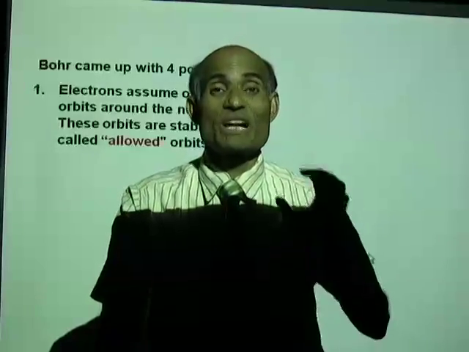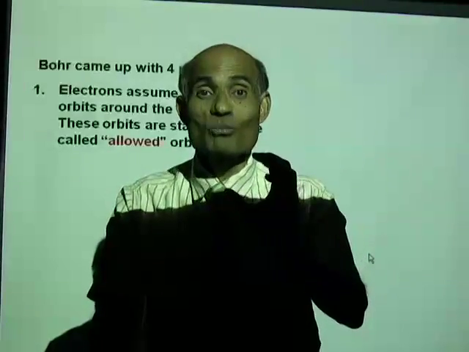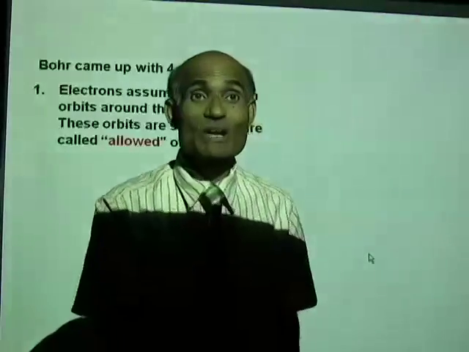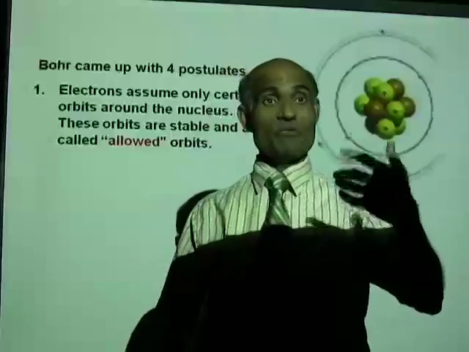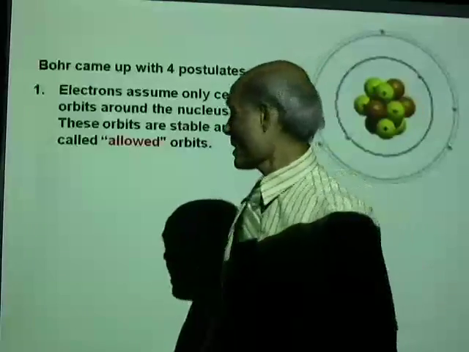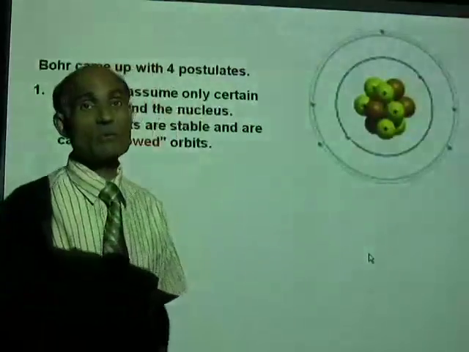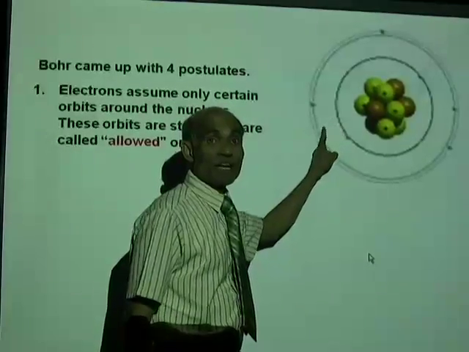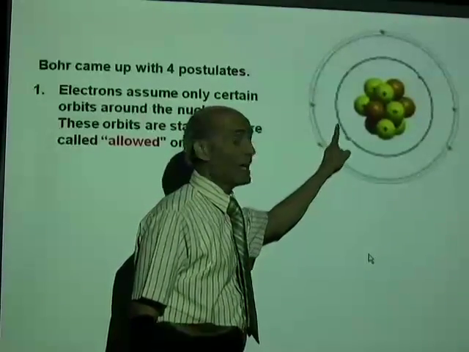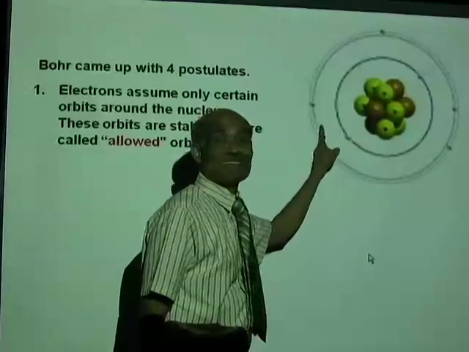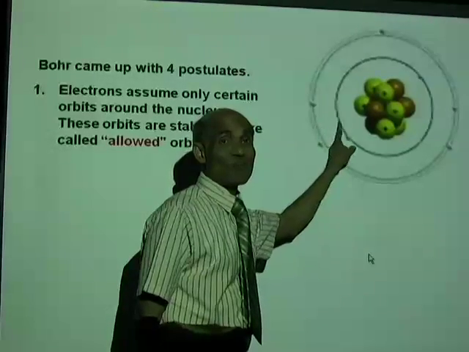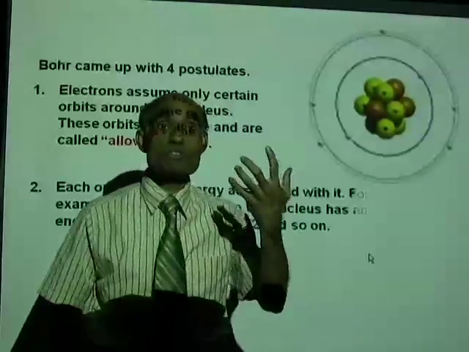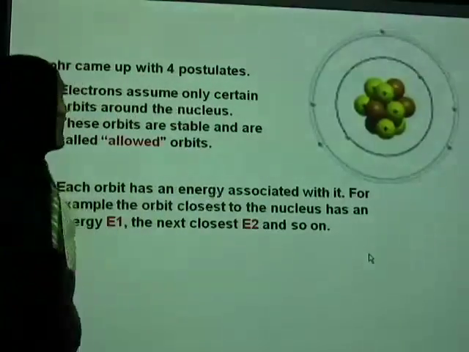Bohr said there are certain allowed orbits around the nucleus where electrons will not radiate energy, and therefore those orbits are stable. In other words, here is an allowed orbit, another allowed orbit, an orbit in between is not allowed. There cannot be any orbit in between. So only certain orbits are allowed.